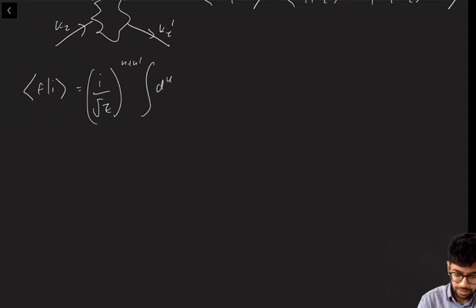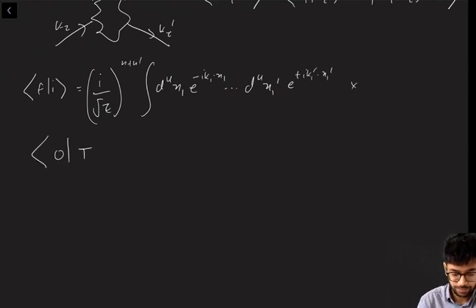So what I do is I take the Fourier transform of all of the variables, x1 up to x2 prime, e to the plus i k1 prime dot x1 prime, and then I multiply this with the time-ordered correlation function, which is T phi of x1, and so on. Actually, there's not that many. Let me just write out what they all are. Phi of x1 prime, phi of x2, phi of x2 prime.